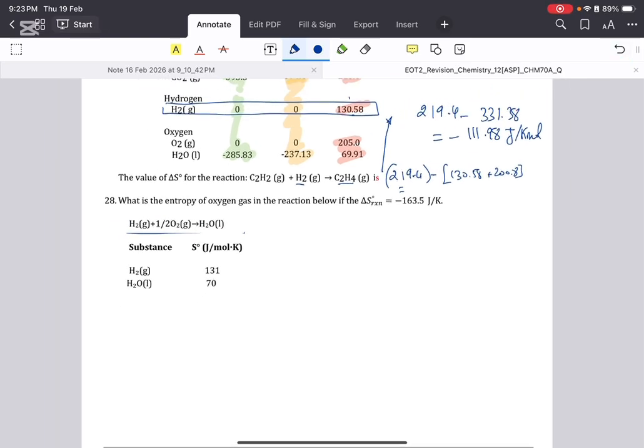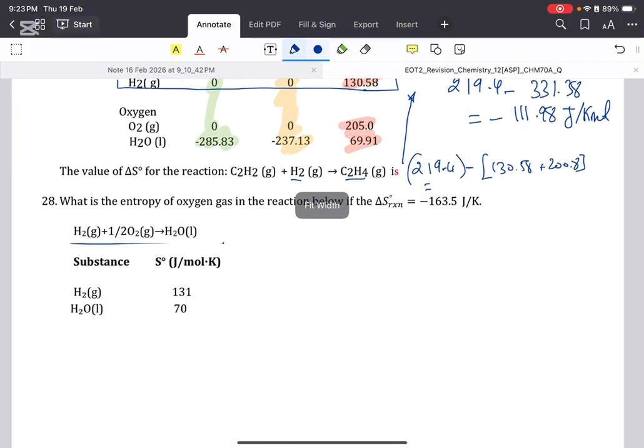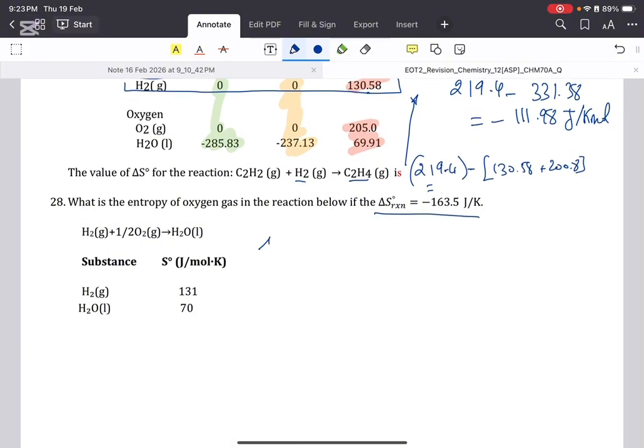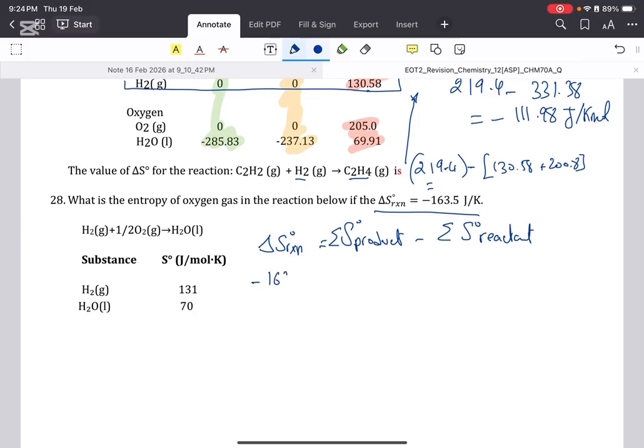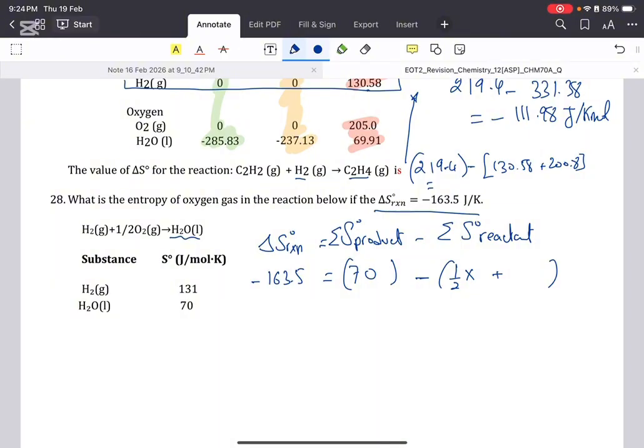Here again, I have the entropy of the reaction already, so I'm going to write the equation. Entropy of reaction is entropy of products total minus entropy of reactants. Since this value is given, we're going to plug it here. Product is for H2O, which is 70, minus reactants: I have half O2, which is unknown, plus the hydrogen 131.